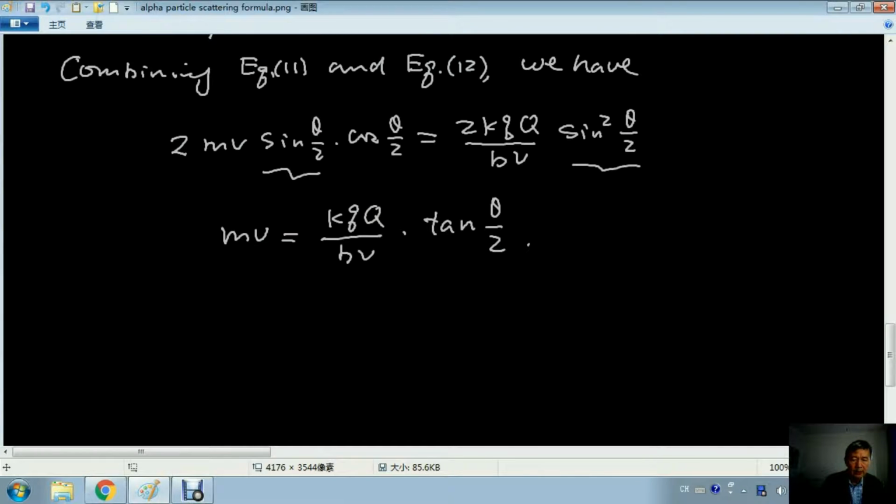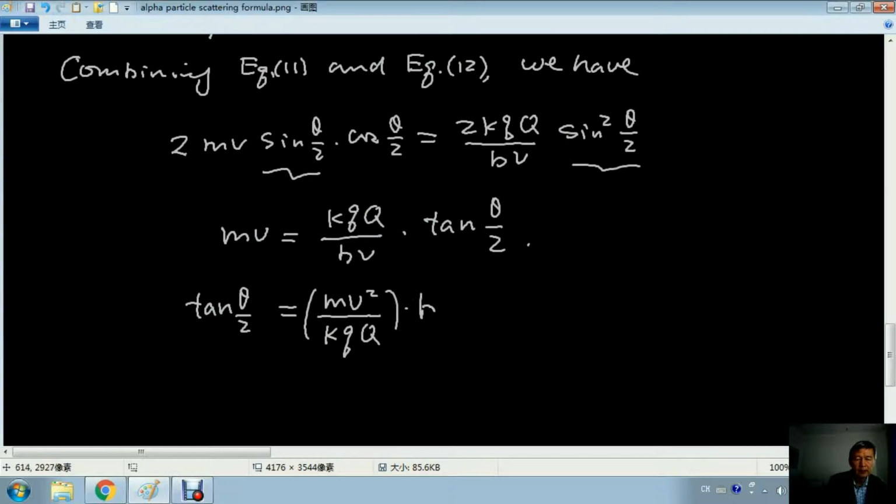To rearrange that as the formula here, we will have tan half theta equal to, if you put everything on the other side, mv square divided by kqQ times b.